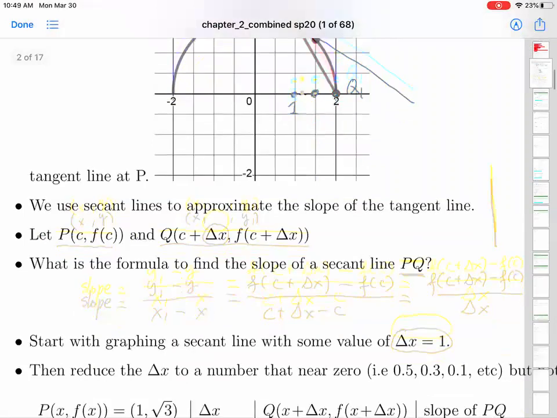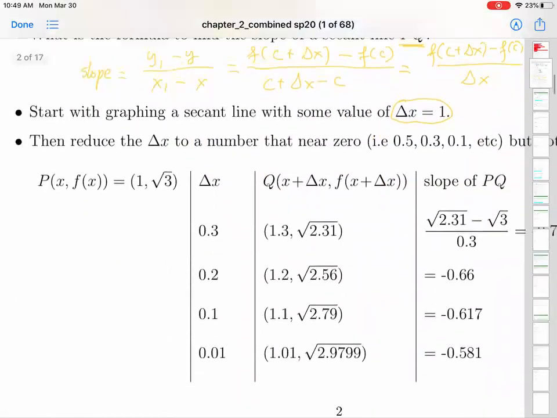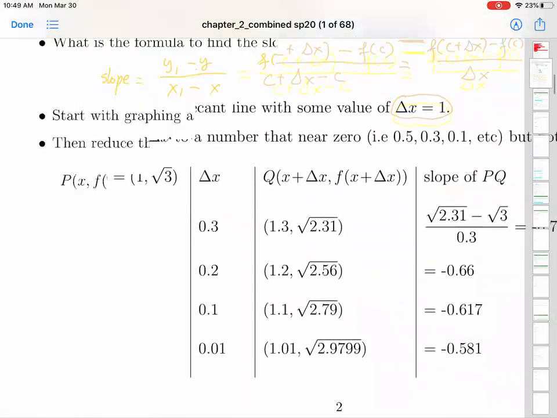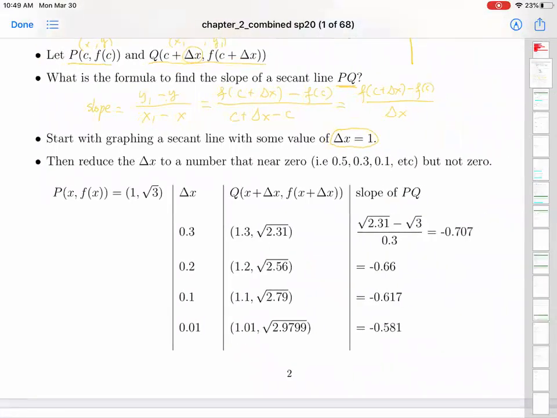The tables here will help us find the slopes of the other PQ lines, given P is the original point, and Q is a new point whose X value is 0.3 away from the original point, or 0.2 away, and so on and so forth.